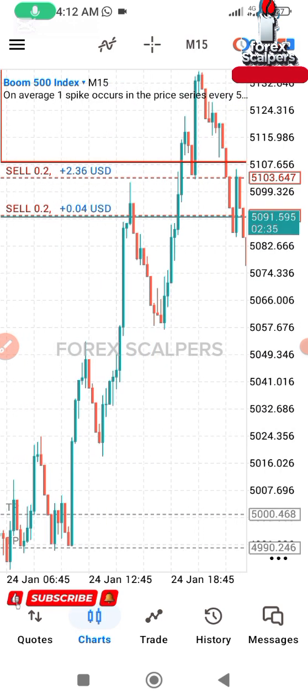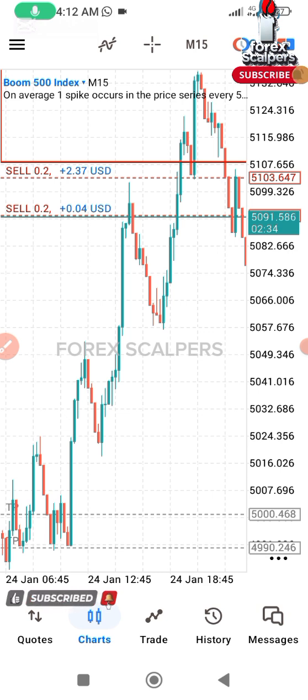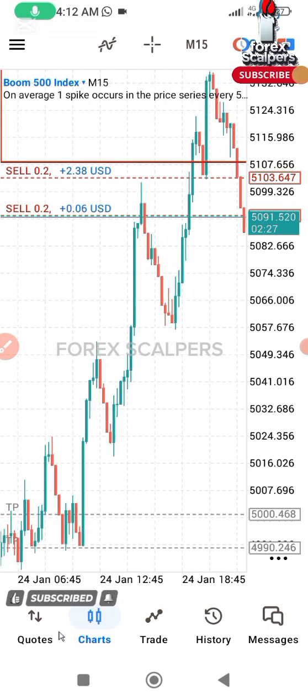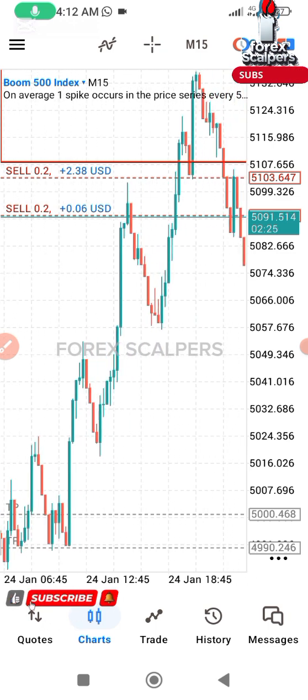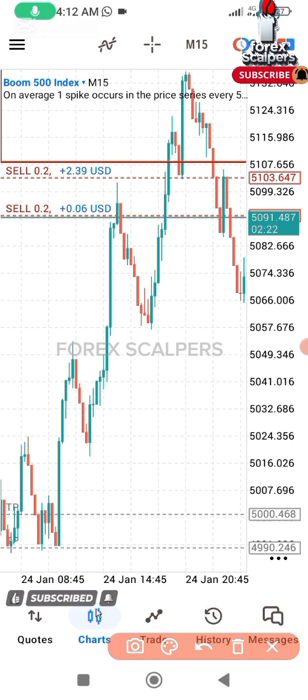So the return of price into that zone on the 15-minute time frame follows the process. Price will not just jump. When you come to the lower time frame, you will see it as a price structure. So you are seeing higher high, higher low, higher high, higher low, higher high, higher low, and a higher high.